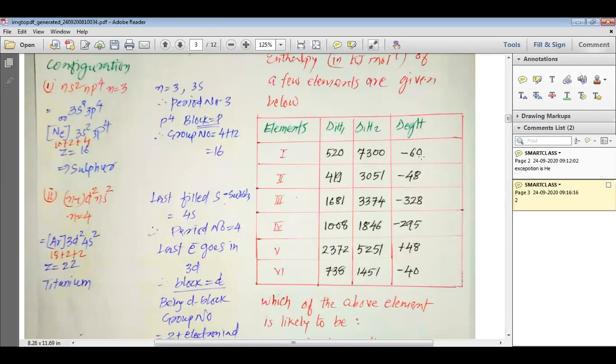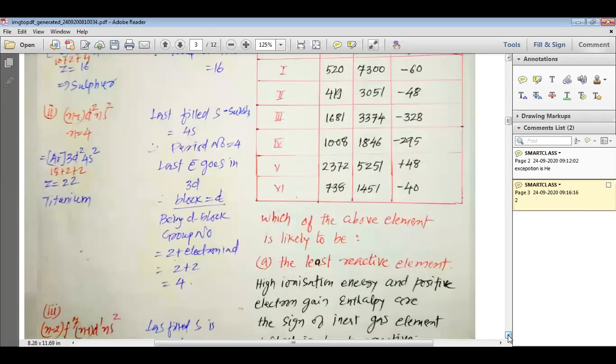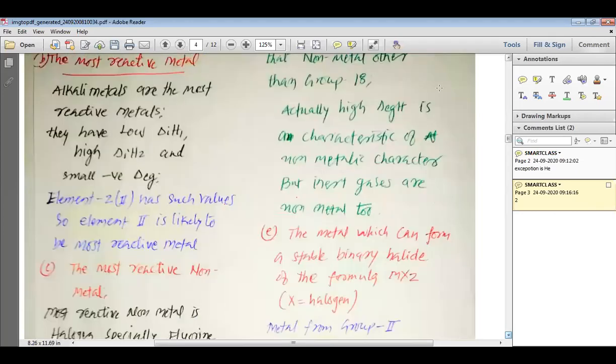That means this is a second period element, especially the lithium type of element, which has a lower first ionization enthalpy but a very high second ionization enthalpy. We have studied the second period anomaly, and we know that second period elements like lithium and beryllium have a tendency to make covalent compounds. Here in the question they have clearly asked about alkali metals, the most reactive metals.